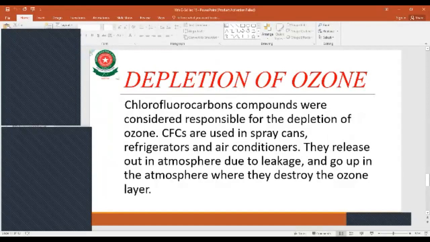Depletion of the ozone layer. What are the reasons that are causing depletion of the ozone layer? Chlorofluorocarbons compounds were considered responsible for the depletion of ozone.